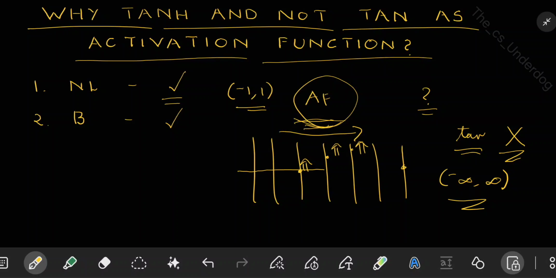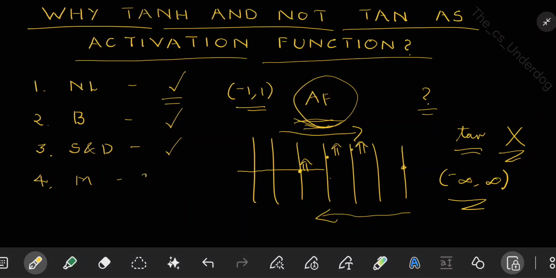Then what other quality do you want in an activation function? The main purpose is when you are back propagating, you should be able to find the gradient. So in order to find the gradient, what do you want? You want it to be smooth and differentiable. This is the third quality. And the fourth one, you want it to be monotonic.